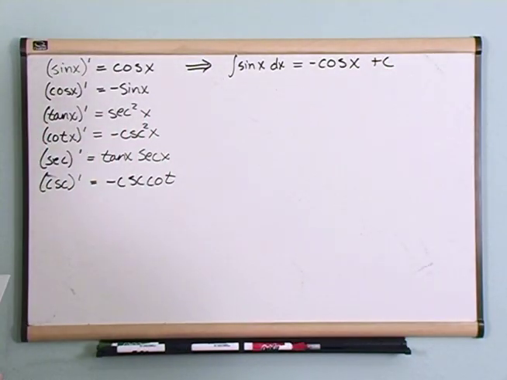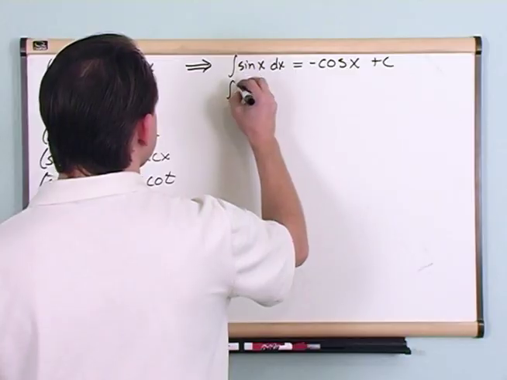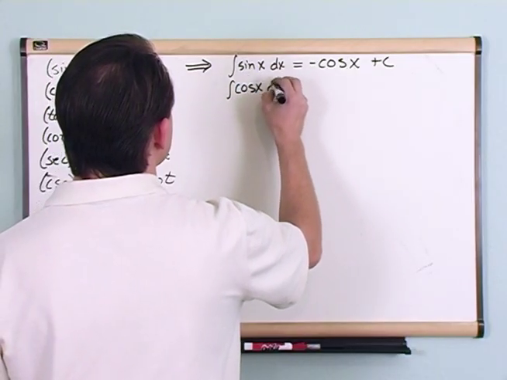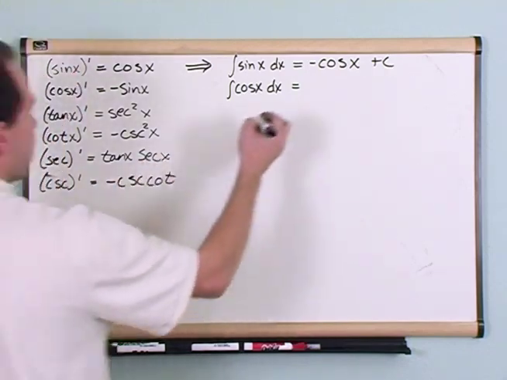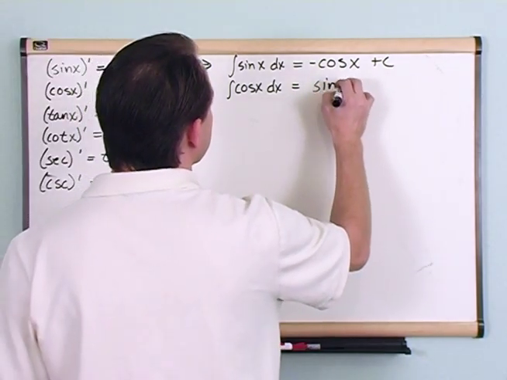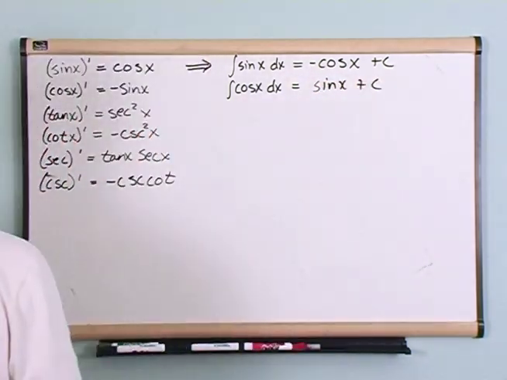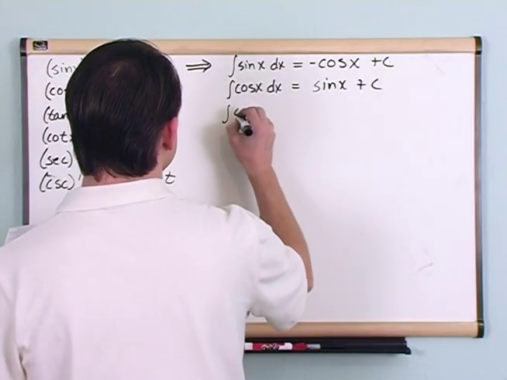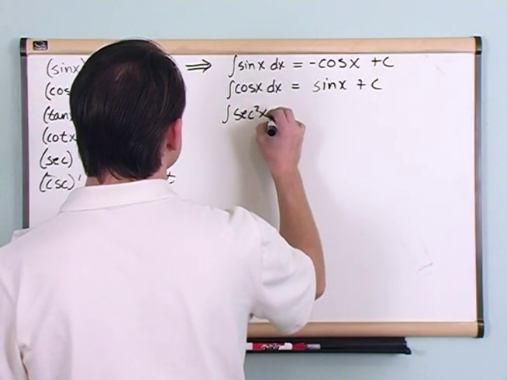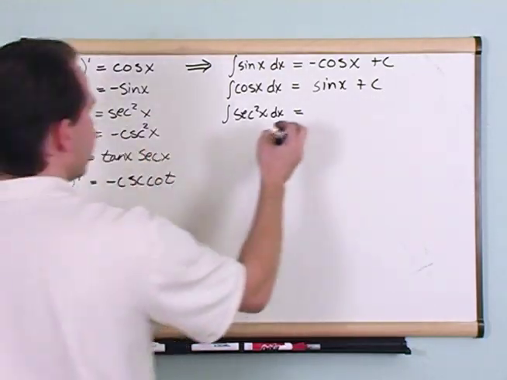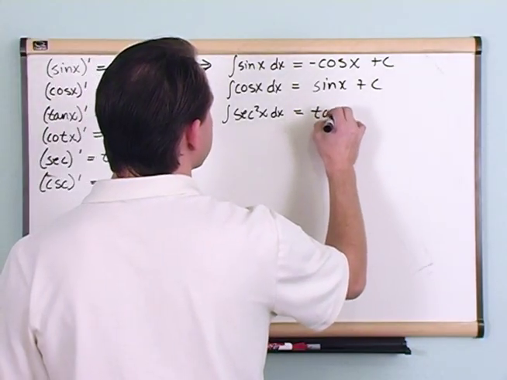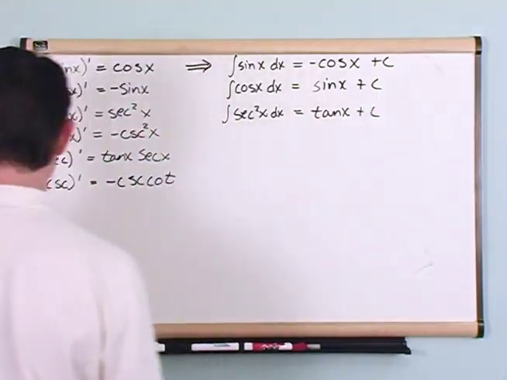Okay, if I integrate the cosine function, I already told you that the integral of cosine gives me positive sine. So I'm just going to write that one down. The integral of secant squared of x, which is here, is just equal to tangent plus a constant.